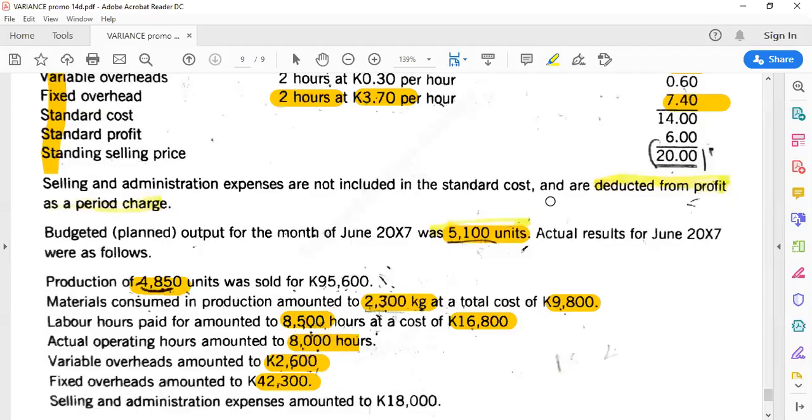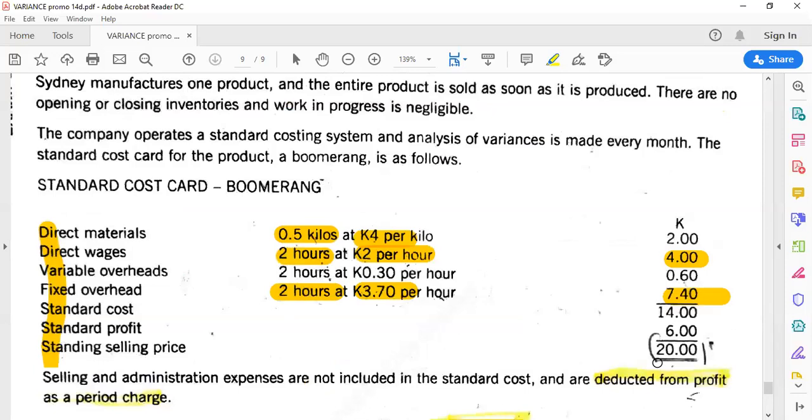The selling price was how much? Standard selling price, 20 kwacha per unit. Standard profit was how much? 6 kwacha per unit. Standard cost was that one. So we must work out the standard contribution, depending on whether we're dealing with marginal costing principles or absorption costing principles.